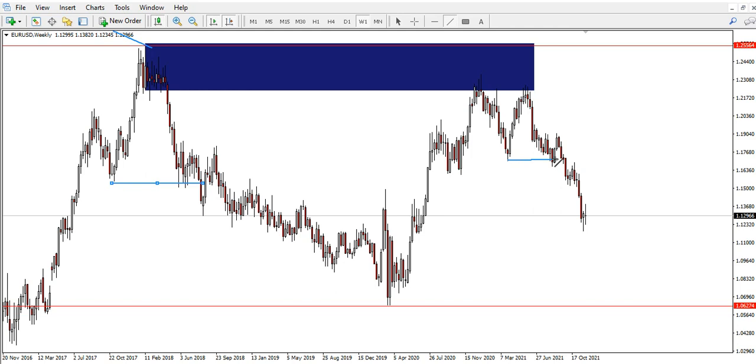We highlight this, right here, just like this. Another confirmation of the shift of market structure. As we can see, price failed to take out this high here.